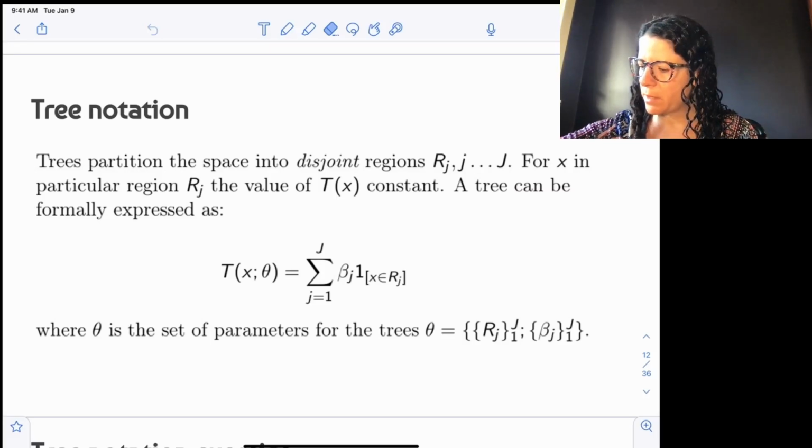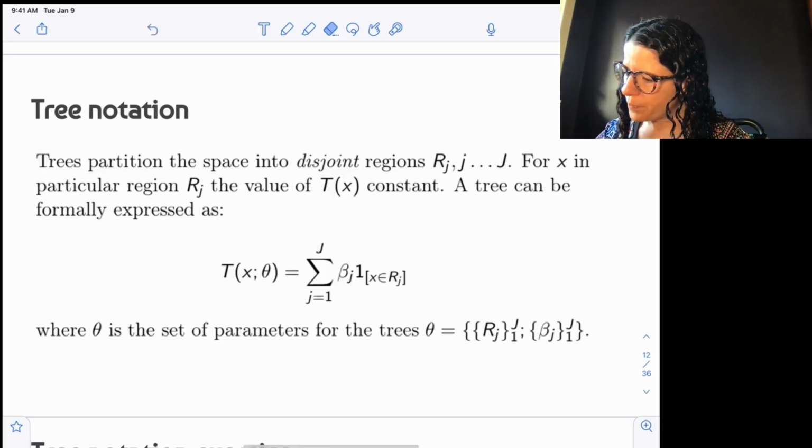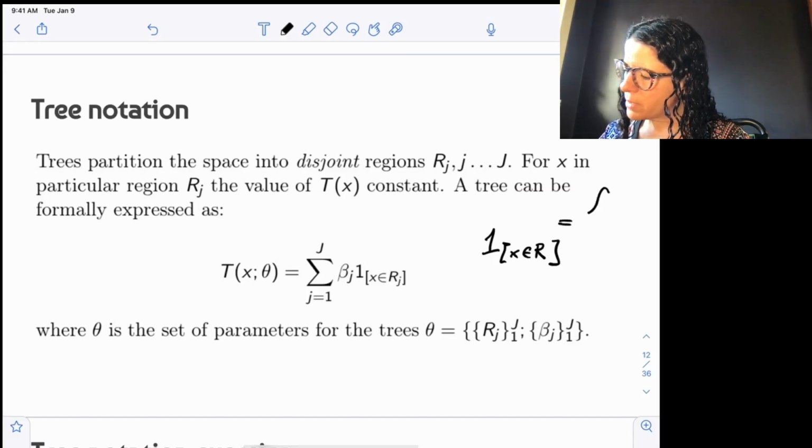Let me write this down here. When I write this function 1, there are different ways to write it. So 1 on x in R, where R is a region. This is the function that is 1 for x in that region and is 0 if x is not in the region.